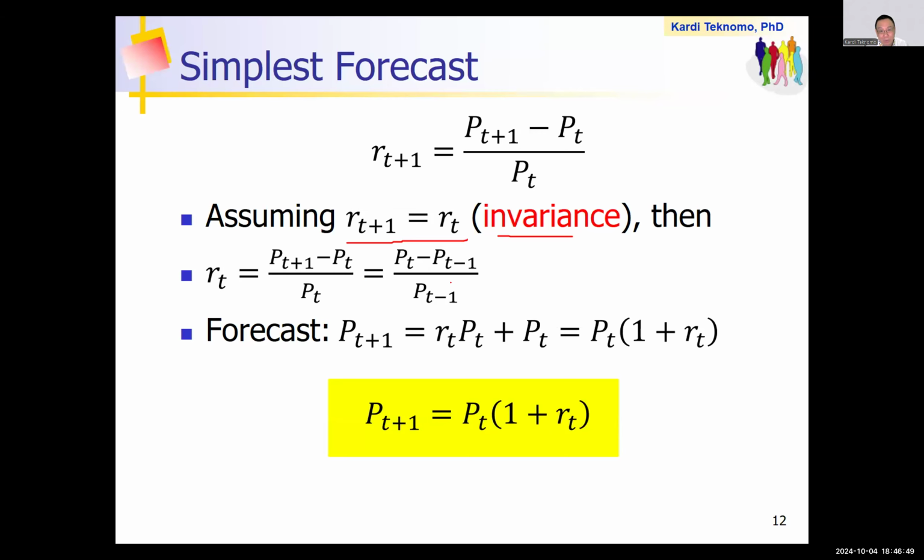So using this formula, you can easily get PT plus 1. Because they are the same, PT plus 1 is equal to RT times PT. Multiply this, and then this part goes here, plus. So now we can simplify: PT plus 1 equals PT plus the growth factor times PT. So this is the actual formula that we use.